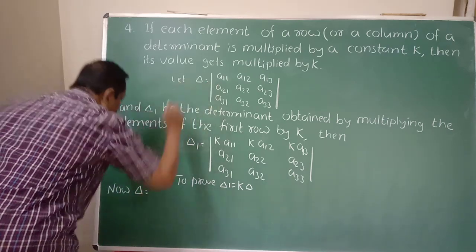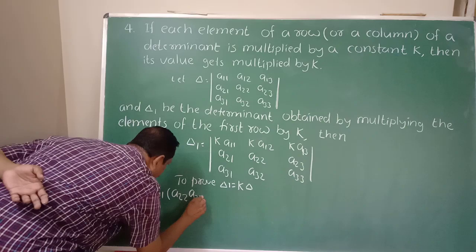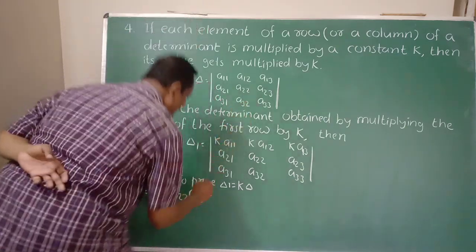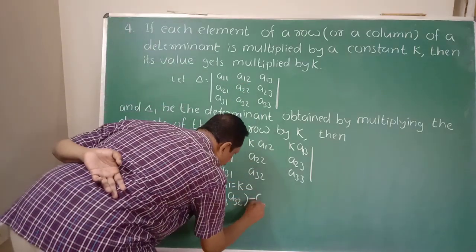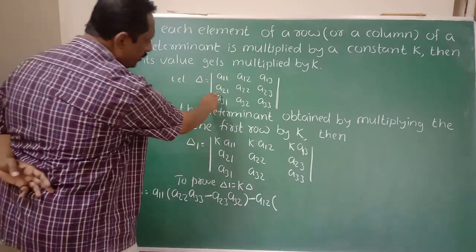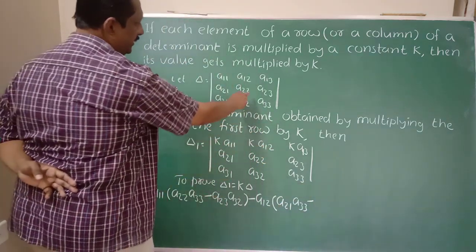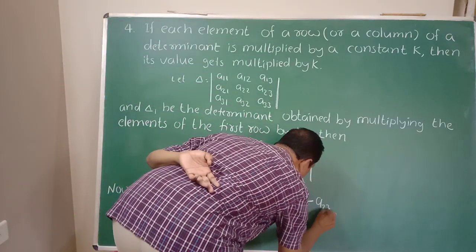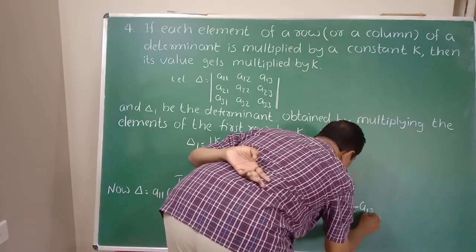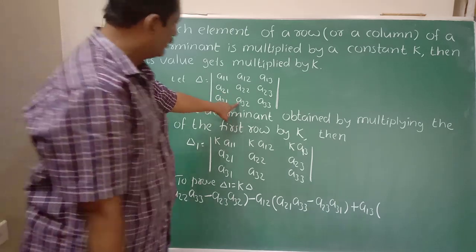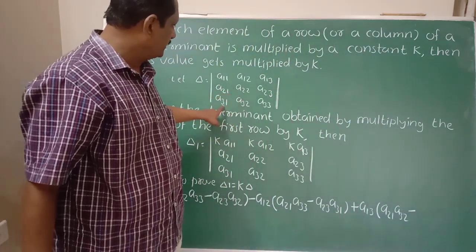Delta is equal to A11 into (A22 A33 minus A23 A32), minus A12 into (A21 A33 minus A23 A31), plus A13 into (A21 A32 minus A22 A31).